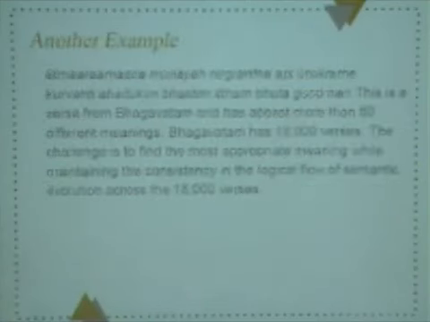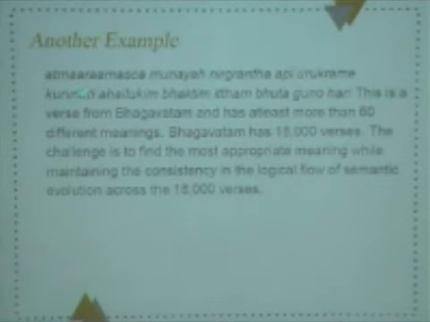Another example here is a verse from the Bhagavatam. It says, Atma Ramasya Murayo Nirgrantha Pirukrame Kurvanti Ahitukim Bhaktim Itham Bhuta Guna Hari. This verse has at least more than 60 different meanings, and this particular book has 18,000 verses.